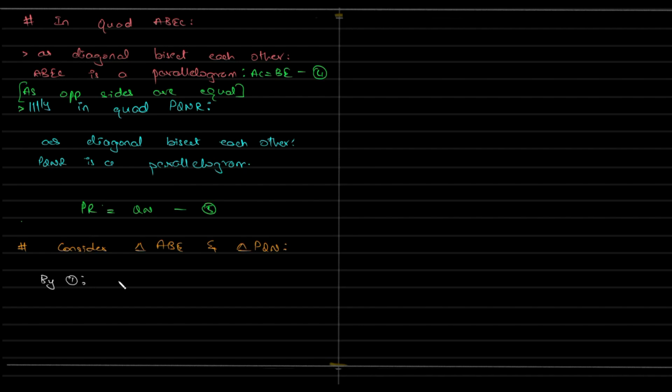By 1, we have the ratio AB by PQ, AD by PM, and AC by PR. So what you can do here is multiply and divide AD and PM.